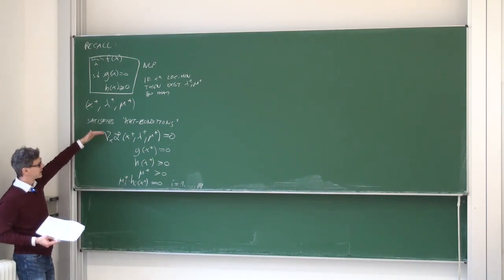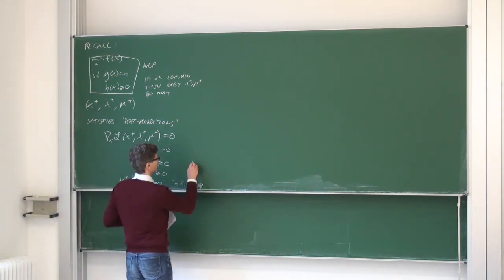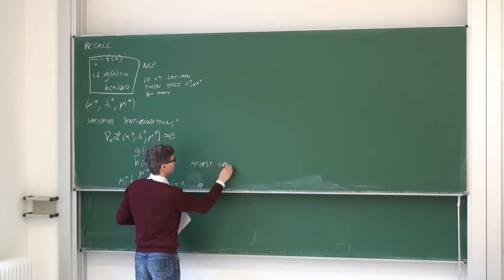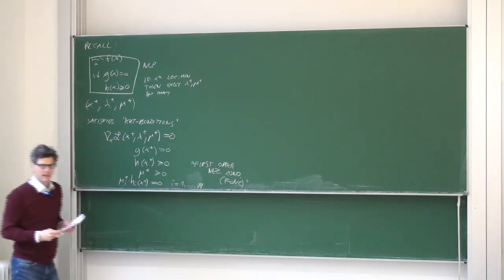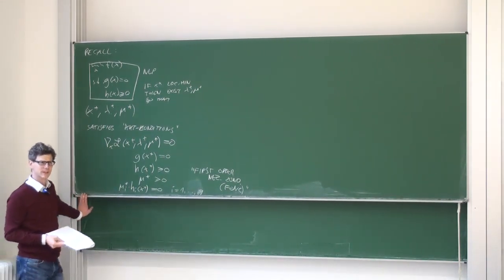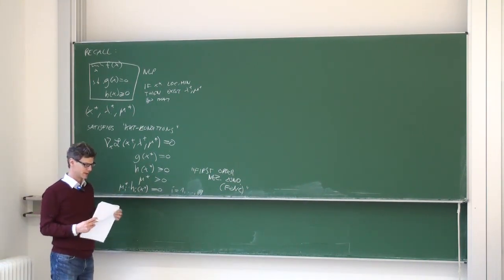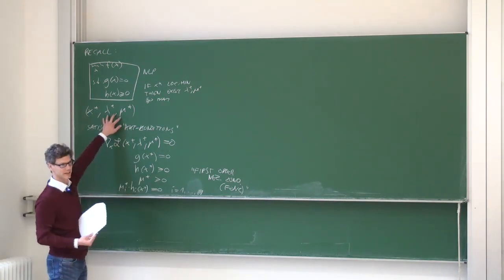And they are necessary for optimality. So they are first order necessary conditions, FONC. I will not go into this proof, but I want to recall that we used a deep result here called Farkas lemma, and that this lemma made it possible to introduce these multipliers.